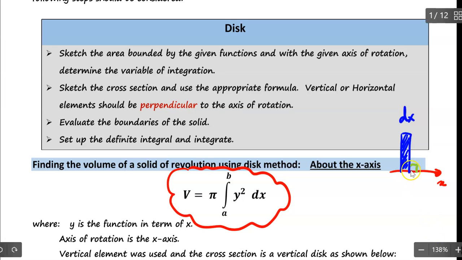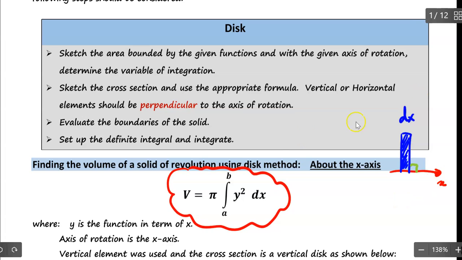So you see right here is your point x2, here's your point x1. You take x2 minus x1, and you will have the difference in x. So dx in this case is my vertical element, and it is perpendicular to the axis of rotation.